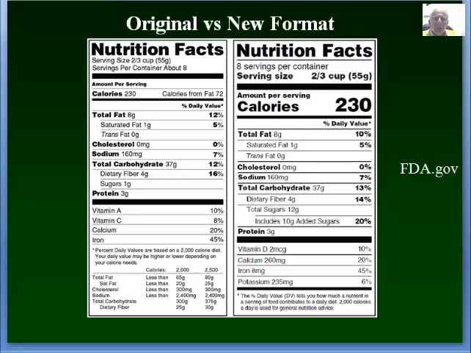We'll see now that we no longer have vitamin A or vitamin C required because they're not felt, at least by experts, to be that much of an issue, certainly with diets in the United States.